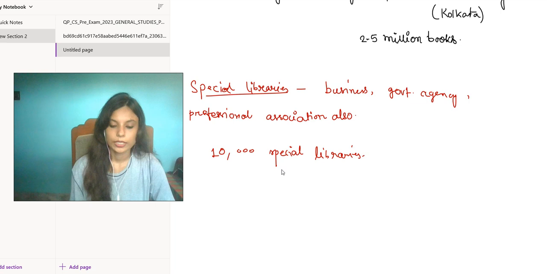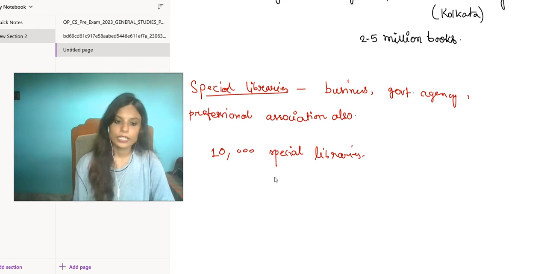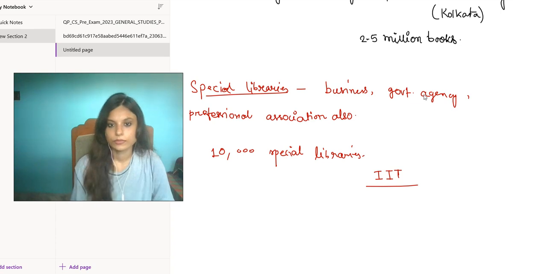The largest special library is in the Indian Institute of Technology. That's the IIT. Indian Institute of Technology has the largest special library till date. I forgot to mention that this IIT is in Bombay.